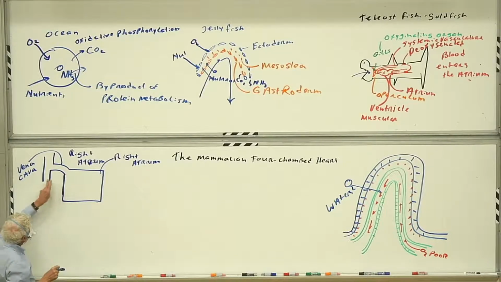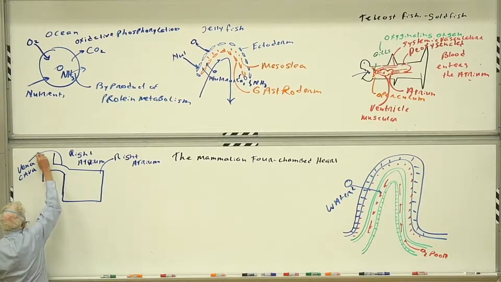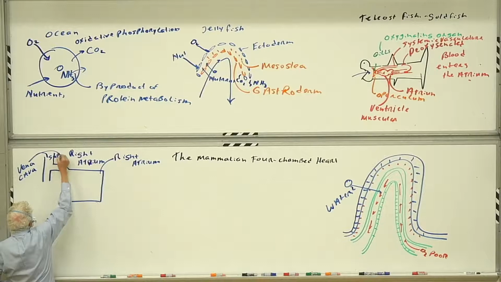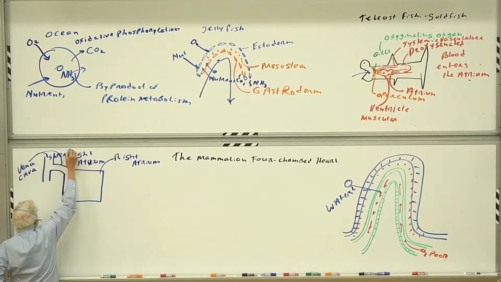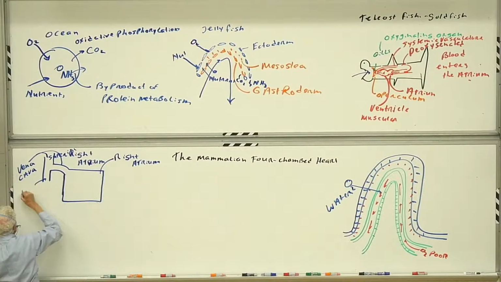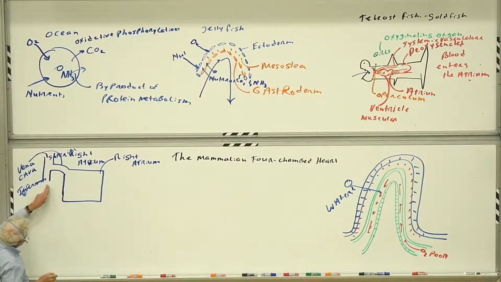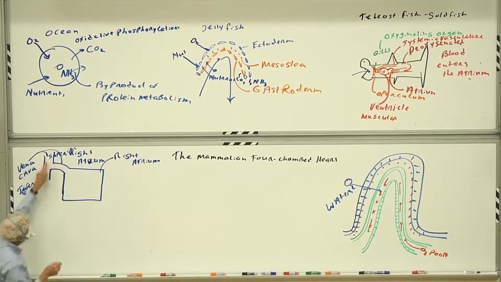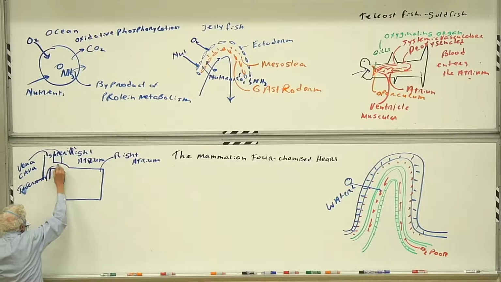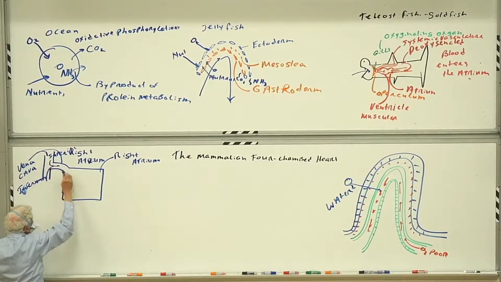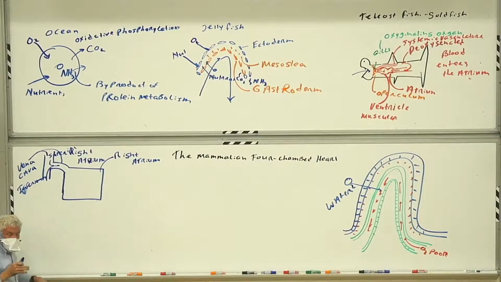It originates as a fusion of the superior and inferior vena cava. Now, we have the inferior coming in this direction, superior coming from the head. The blood comes into this site and enters the room from the vena cava into the atrial chamber.